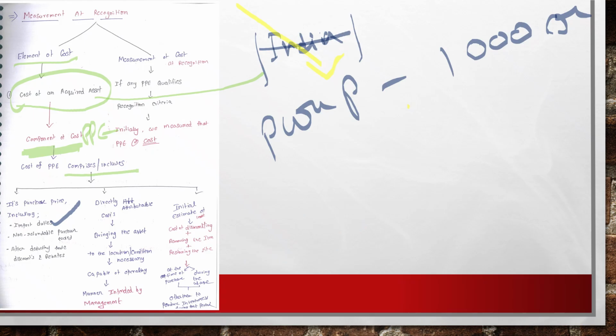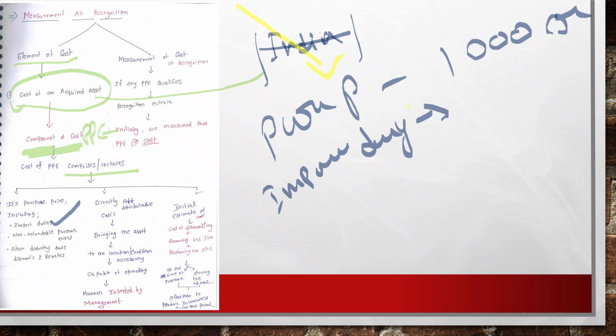So on this import duty, you should check whether there are any countervailing duties or any non-refundable purchase duties. The import duty is non-refundable. You have to pay that import duty.